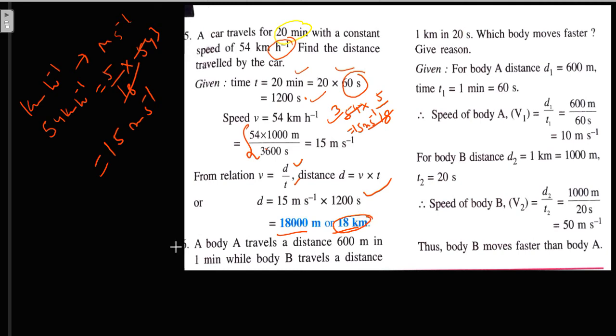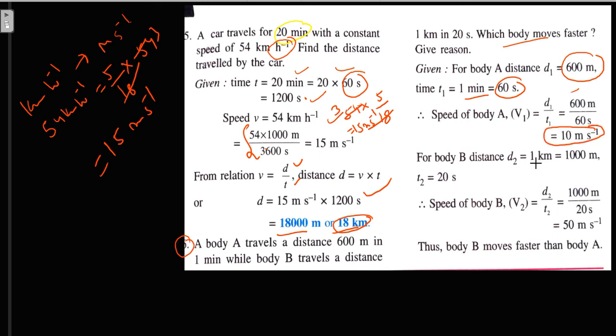Next is 16. A body A travels a distance 600 meter in 1 minute, while body B moves 1 kilometer in 20 seconds. Which body moves faster? For body A, distance is 600 meter, and 1 minute is given, so we will convert 1 minute into 60 seconds. So distance would be 600 upon 60, 10 meter per second.